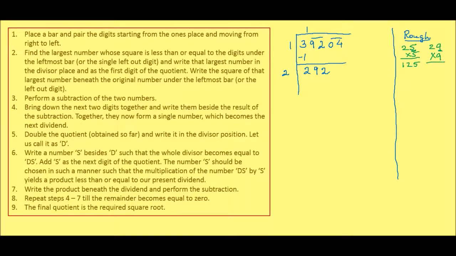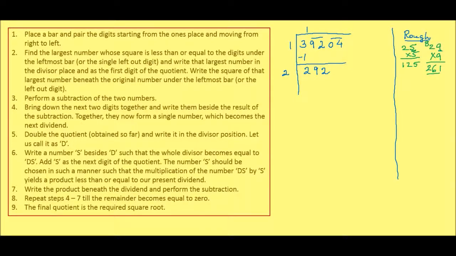So 29 multiplied by 9 is equal to how much? 9 times 9 is 81, 1 over here, and 8 is carried over, and 9 times 2 is 18 plus 8 is 26. And we get the product as 261, which is less than 292.